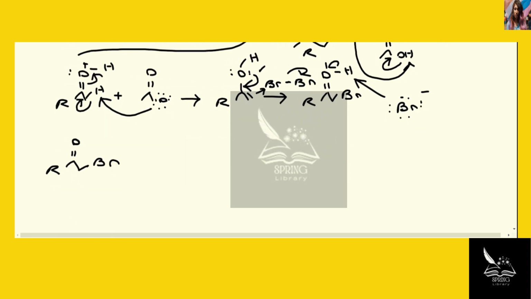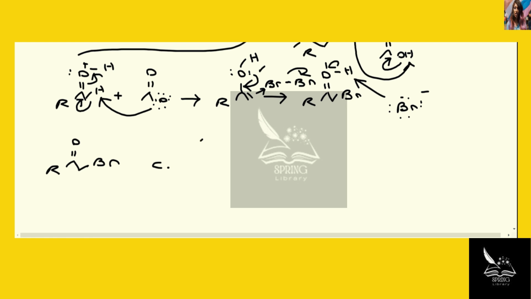And for C, we're asked to convert 19 into 23. Again, starting with acetophenone. So we have this structure.